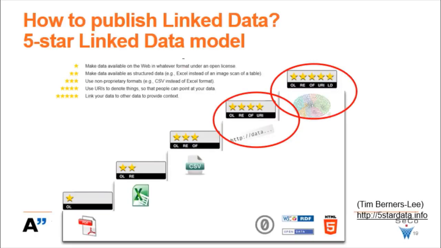Linked data services typically make use of the 5-star linked data model. The idea of this star model is to encourage people to publish their data in a useful way. You get 1 star if you publish your data in whatever format, like in PDF form.